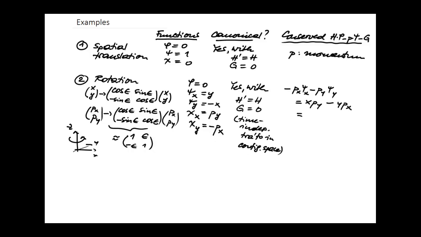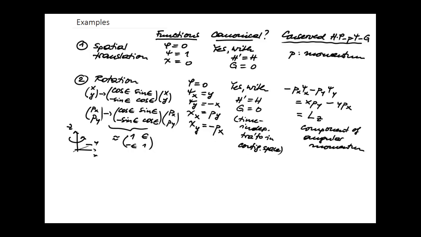And you recognize x py minus y px, that's the z component of angular momentum. So we learn that whenever we have rotational symmetry around the z-axis, then the z component of angular momentum is conserved. You can do the same argument for all the other axes.